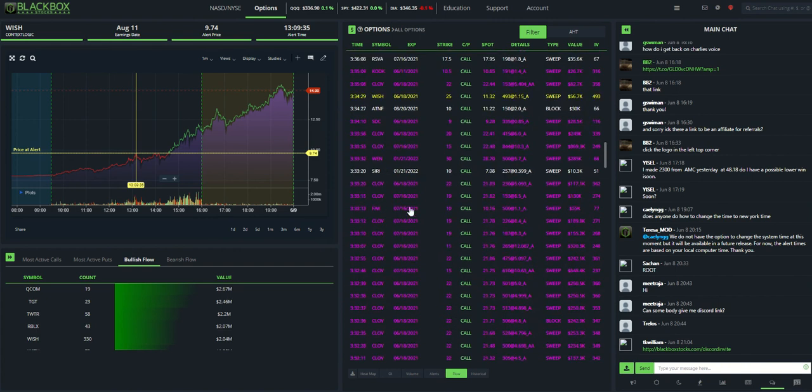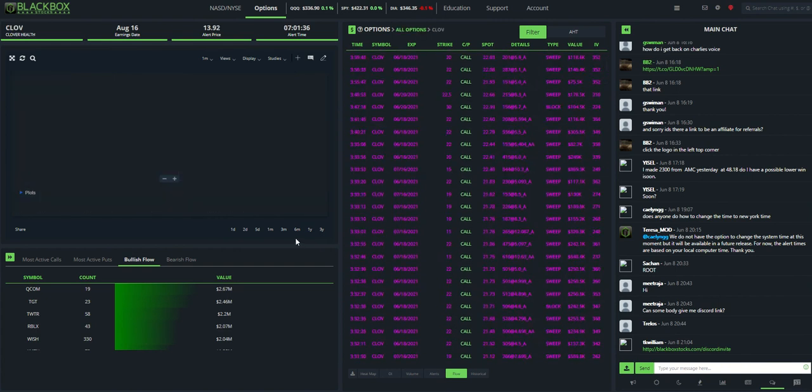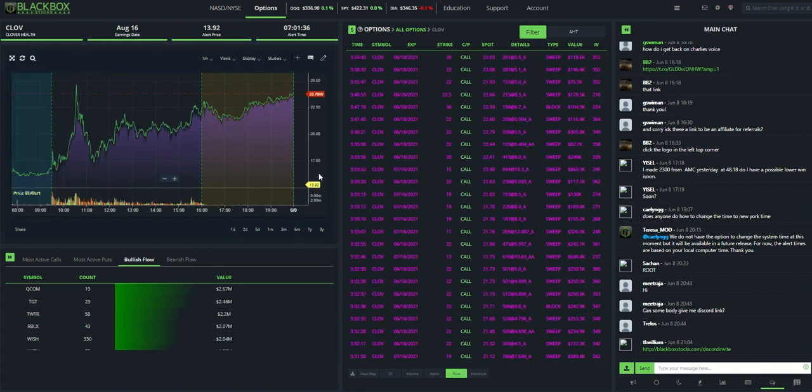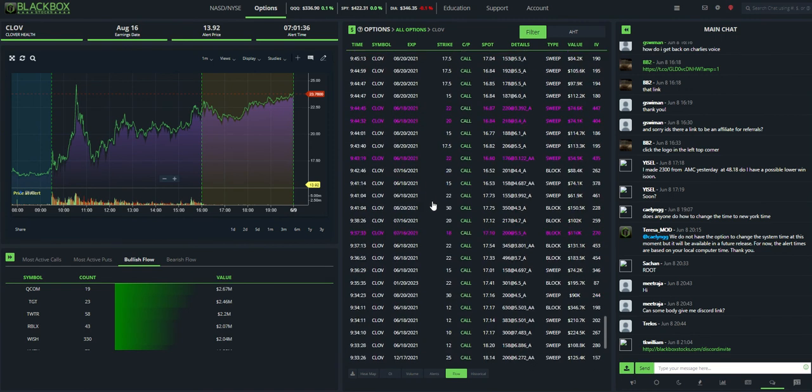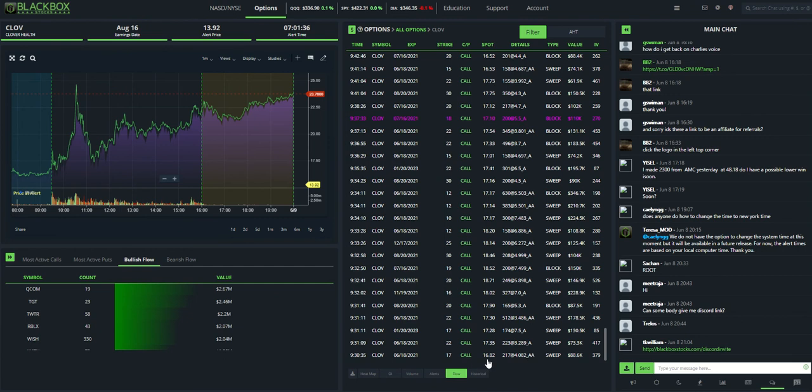I think we had one in Clove as well. Clove was obviously hot today. Again, they started hitting that early this morning, 9:35 right out of the gate, hitting 17s, 22s, 20s, 30s. I think even farther up we saw some 45s being bought. But look at the spot price. It started at 16.82, so that would have got you in about right around here.